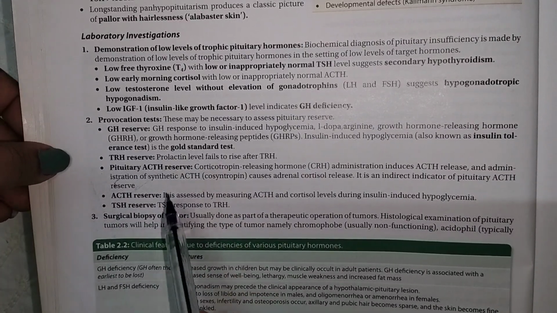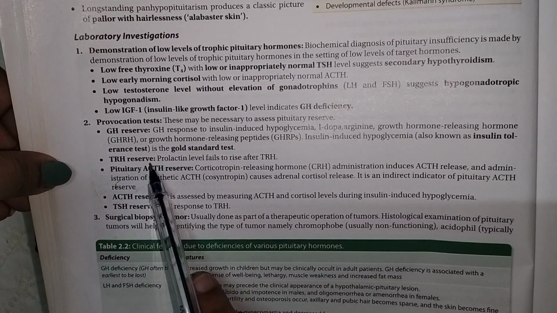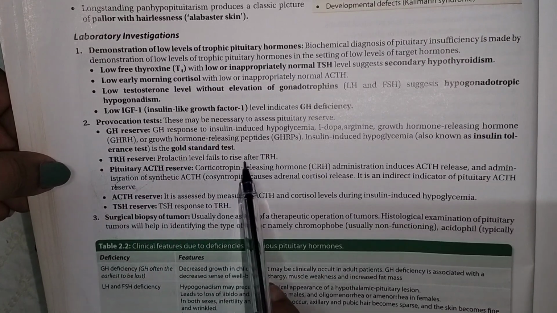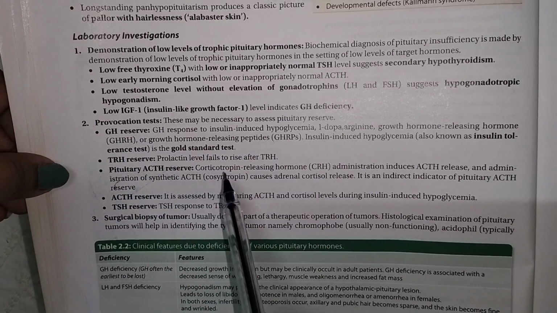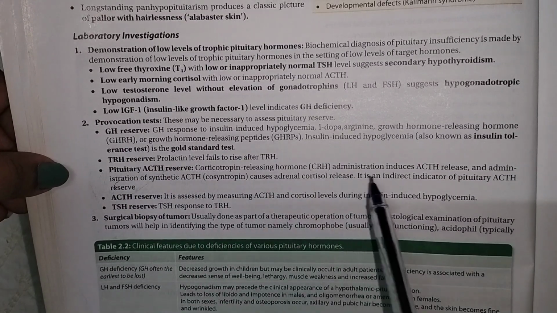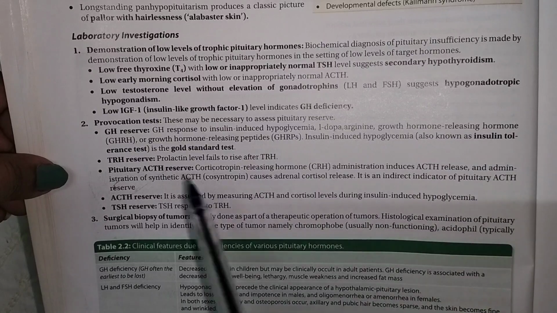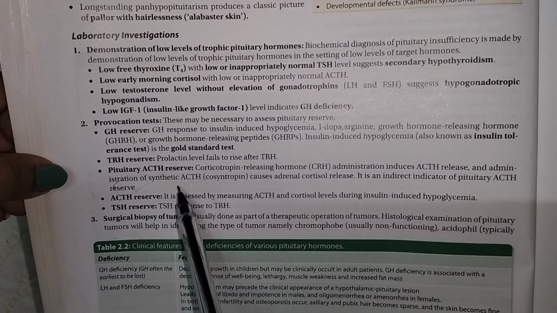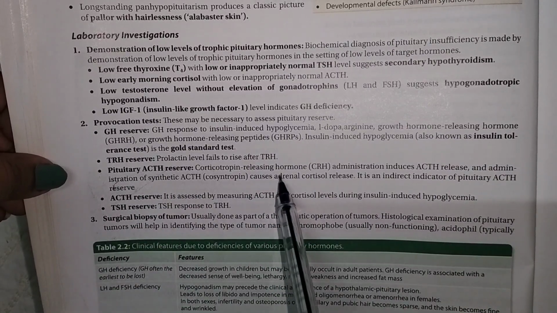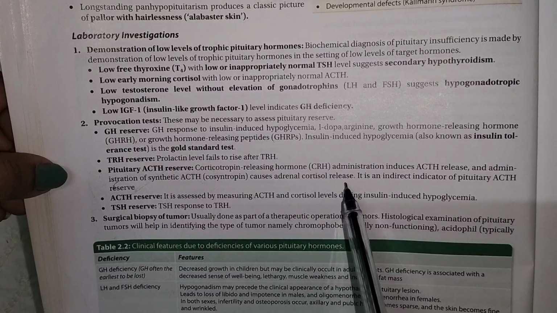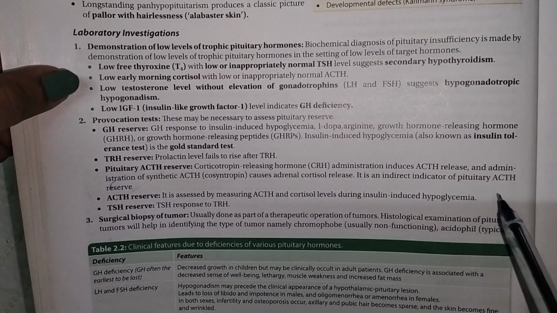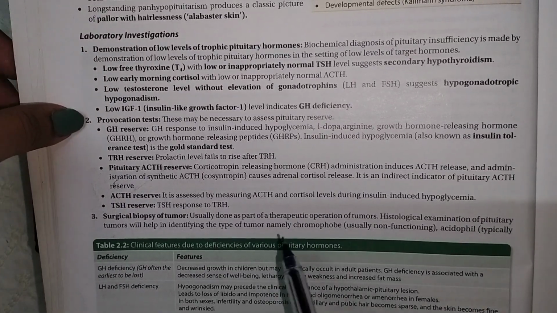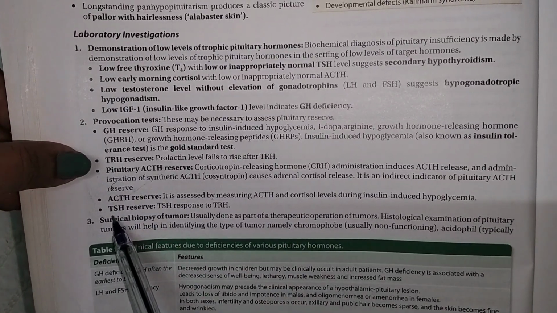Now, TRH reserve: prolactin level fails to rise after TRH. Pituitary ACTH reserve: corticotropin releasing hormone administration induces ACTH release, and administration of synthetic ACTH causes adrenal cortisol release. It is an indirect indicator of pituitary ACTH reserve and TSH reserve.